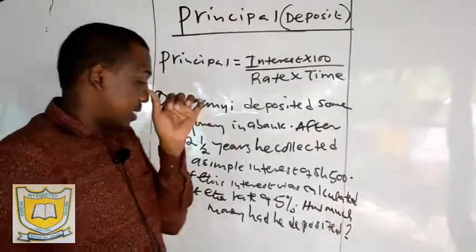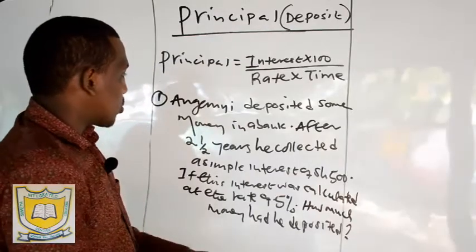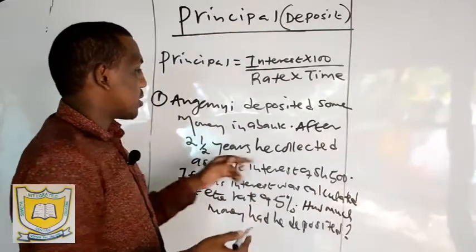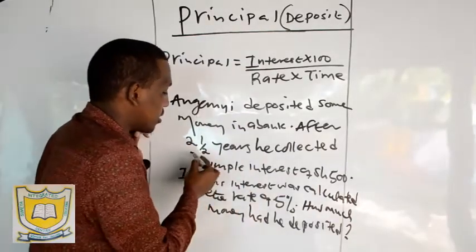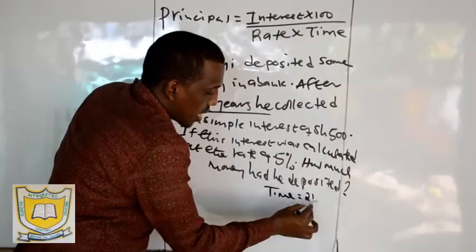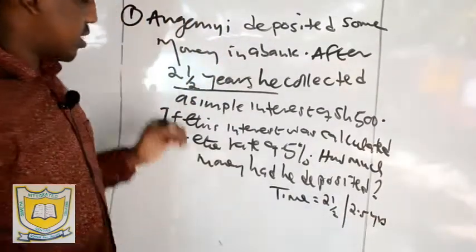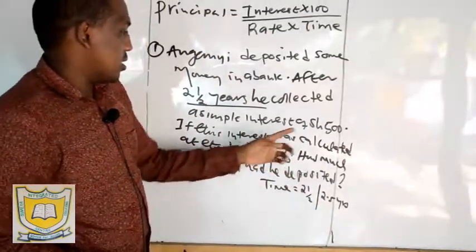So what they are asking is the deposit. Deposit is the principal. So we list what we have. You are told Ogonyo deposited some money in a bank after 2.5 years. That is time. Time is 2.5 years. I said yesterday they are the same.